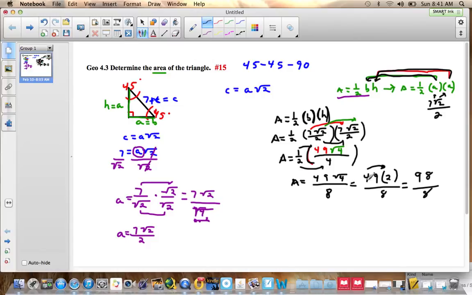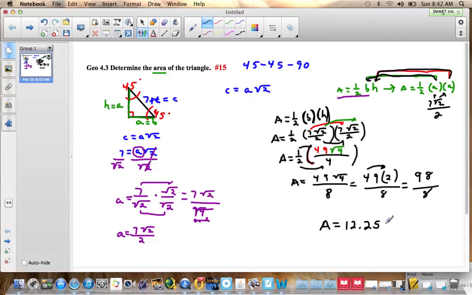So when I finish all this out, if I simplify and divide this out, then my final answer, and with area, because we're looking for area, we're going to need to convert to decimal point, because we're talking about the area of a room, the area of a floor, the area of a roof, whatever. But when you hear it, you don't hear it in a fraction. So we're going to just divide this out. And when I take 98 divided by 8, I'm going to come out with 12.25.